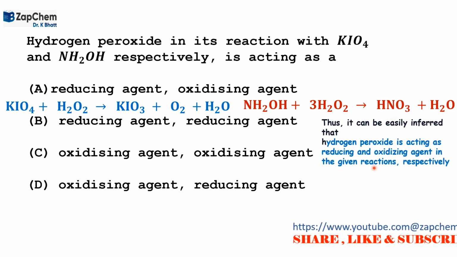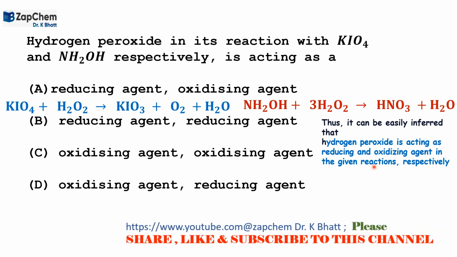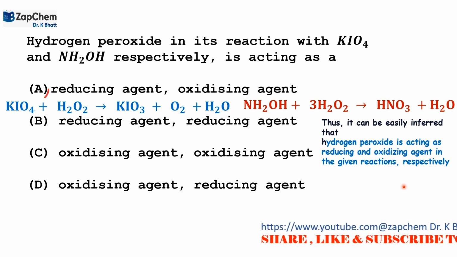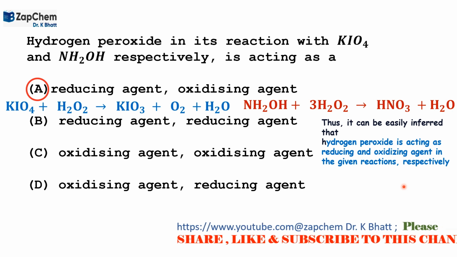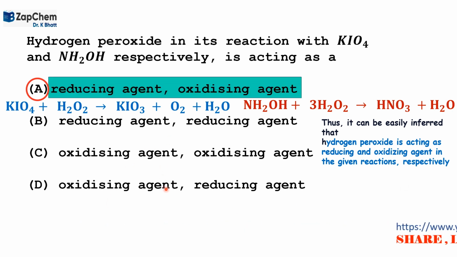Thus it can be easily inferred that hydrogen peroxide is acting as a reducing and oxidizing agent in the given reactions respectively. Accordingly, the correct answer is option A here, and all other options are not applicable over here.